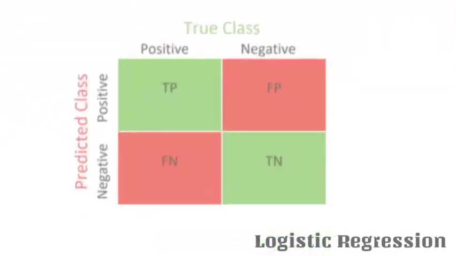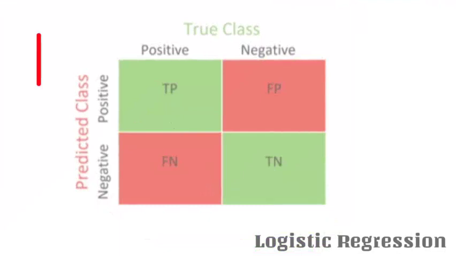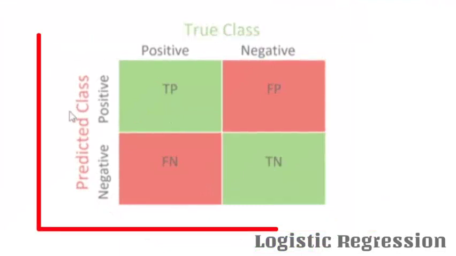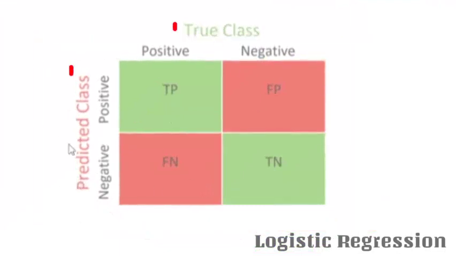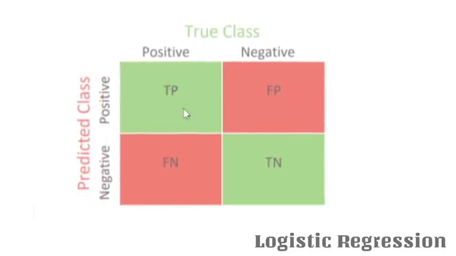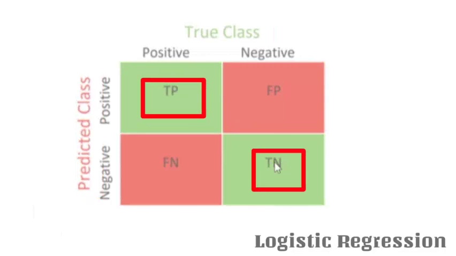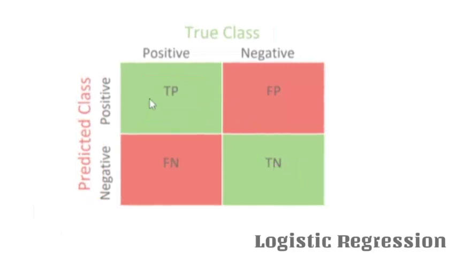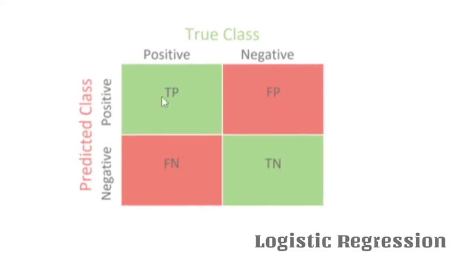Again, I hope everyone recalls these classes. Here we have the reality and the prediction, the true class and the predicted class. True positive and true negative are the correct ones, so that's why they are highlighted in green. Where it should be positive and it is predicted as positive, that is a true positive.